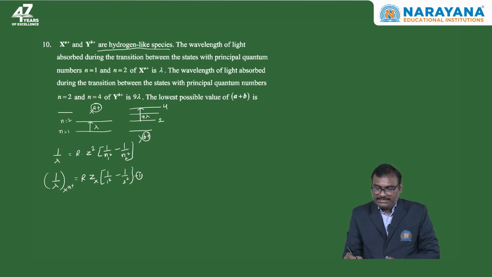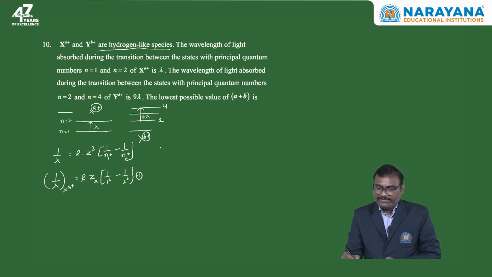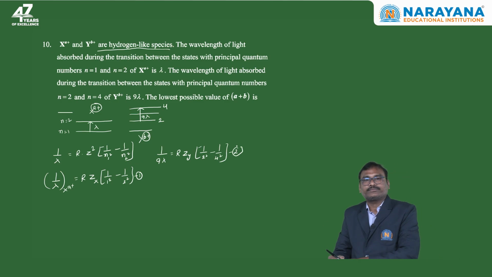Let us call this equation 1. Same thing for the second: 1 by 9 lambda is equal to R into Zy into (1 by 2 square minus 1 by 4 square). Let us call this equation 2.